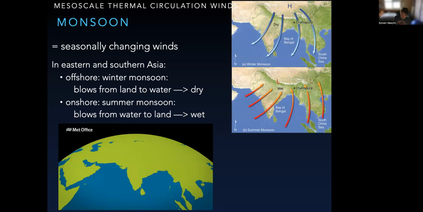During winter time, you usually have a high pressure system occurring over Asia, and a low pressure over the sea. And so during the winter time, we have the phase of what we call the winter monsoon, where the wind will blow from the land towards the sea.